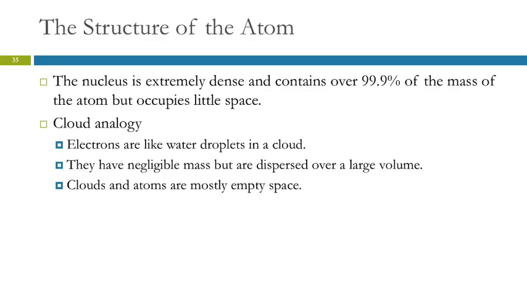If you were able to take just the nuclei of a bunch of atoms and put them together into a sphere as big as a period in your textbook, not very big, it would weigh millions of tons. Most of matter is actually empty space. The electrons are in this cloud, and they are occupying most of the space while contributing very little mass.